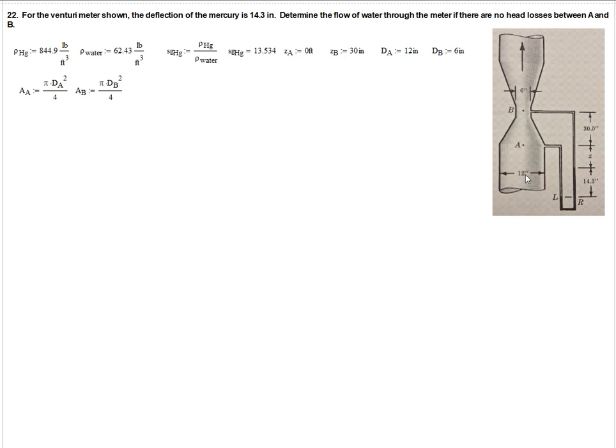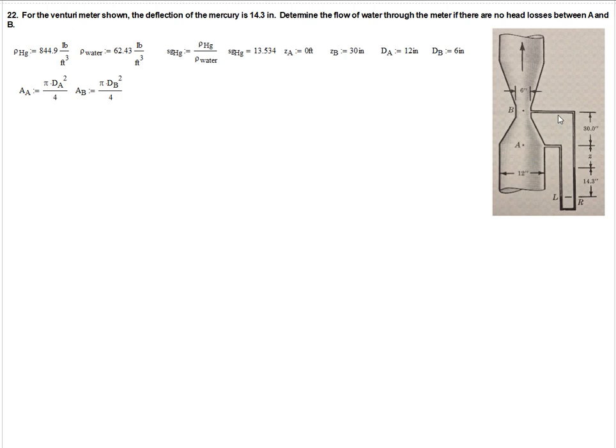But you see at position A, we're at 12 inches, and then we have this constriction down to 6 inches. And then we put a pressure gauge and we measure the pressure drop between points A and B. And then from that, we are able to calculate what the volumetric flow rate is going to be.